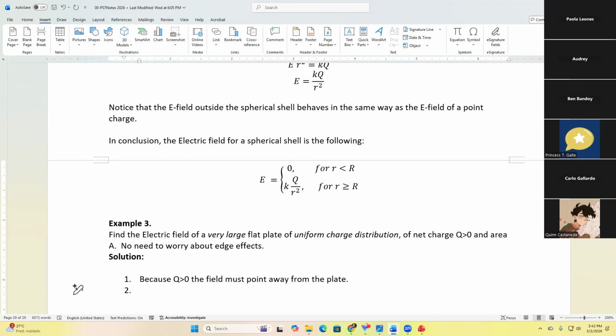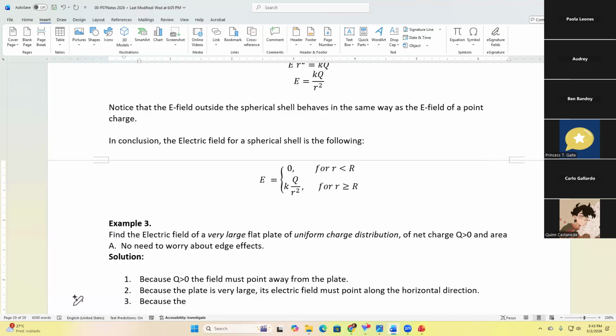Two, because the plate is very large, its electric field must point along the horizontal direction. Not just away, but also along the horizontal direction. I still do not know if the field is uniform or not, okay? Gauss's law is going to tell us whether the field is uniform or not.